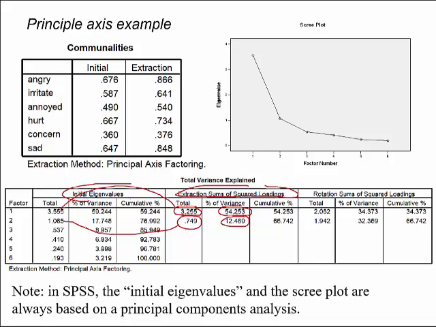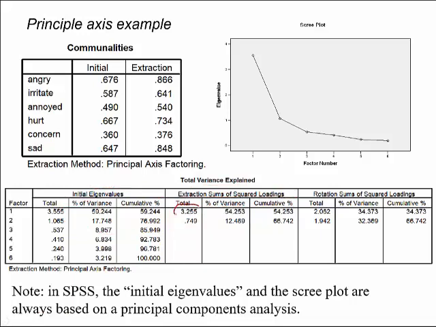The issue is that depending on how many factors I extract, the communalities will be different, and it's only going to factor the common portion of my items. So if the common portion changes depending on how many factors I extract, then the solution is going to change depending on how many factors I extract.